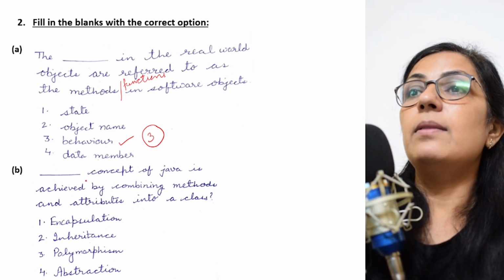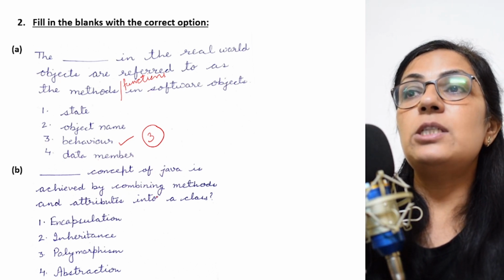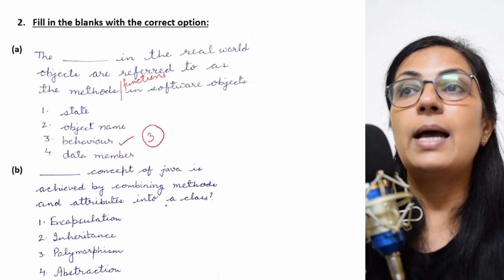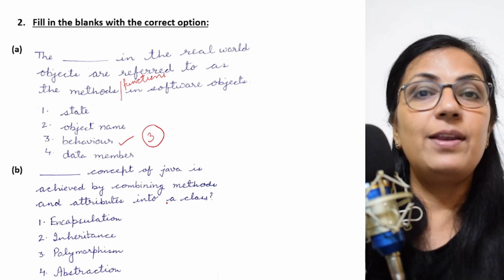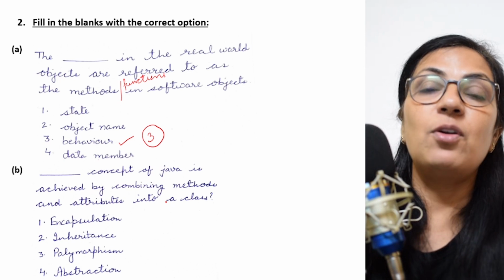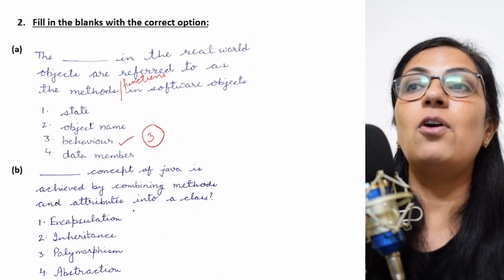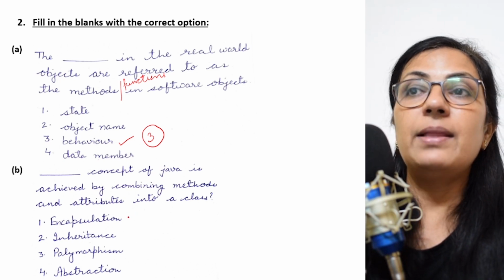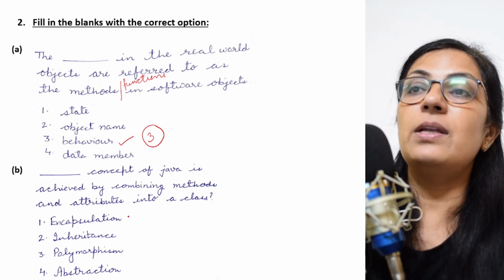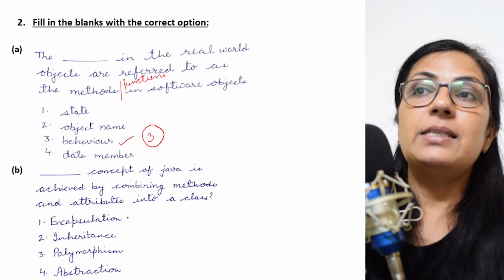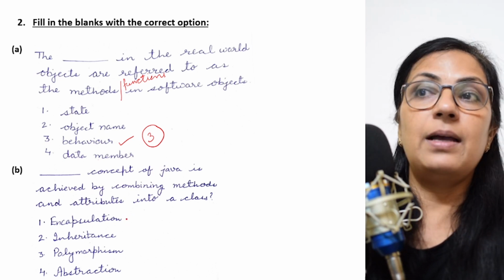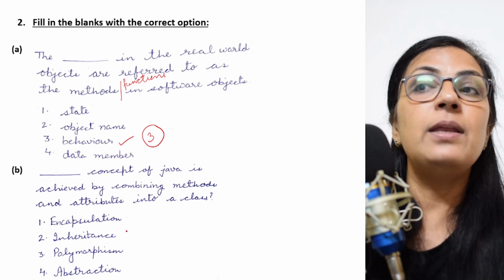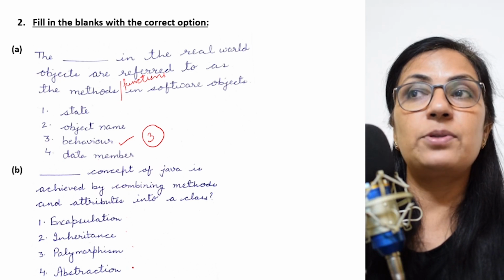Now part B. Dash concept of Java is achieved by combining methods and attributes into a class. We have done the definitions. I suppose all of you can recall the definition of all these four principles of object oriented programming, that is, Java is also an object oriented programming language. And here one more question can be framed. The four principles of object oriented programming are encapsulation, inheritance, polymorphism and abstraction.